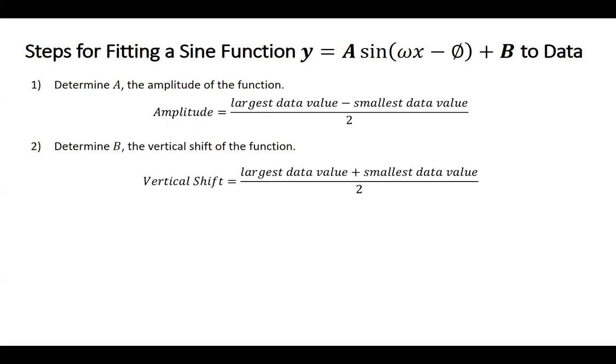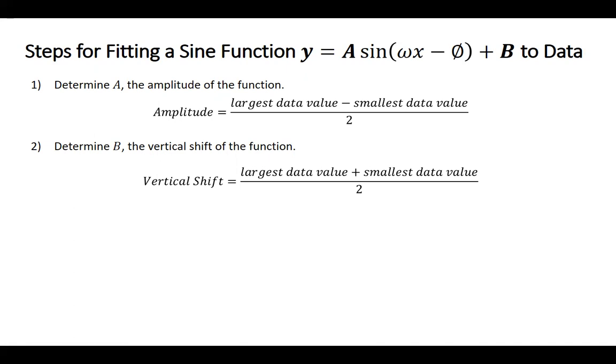Determine B, the vertical shift of the function. The vertical shift is that center point vertically. If there's no shift, that would be 0. So whatever our center point vertically ends up being, that's going to be our vertical shift. So that's the largest data value plus the smallest data value divided by 2. Basically we're averaging our min and max.